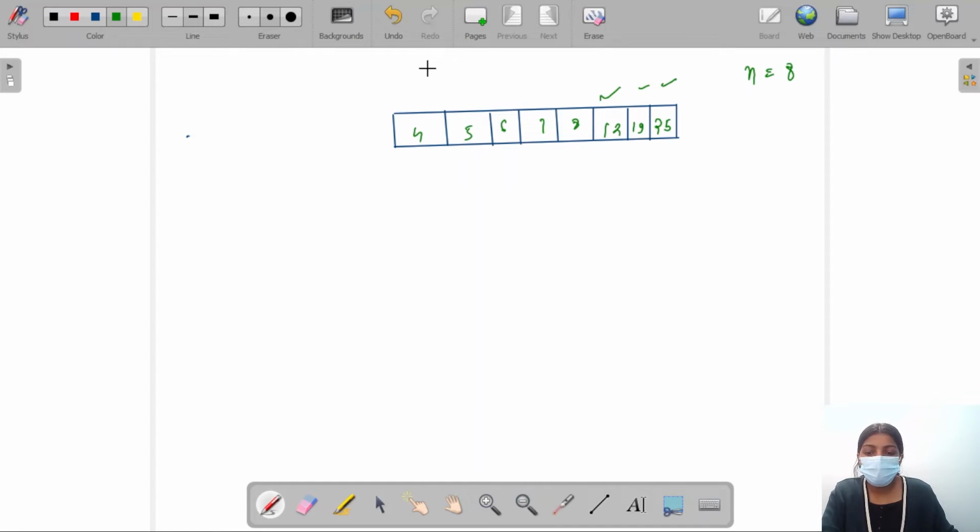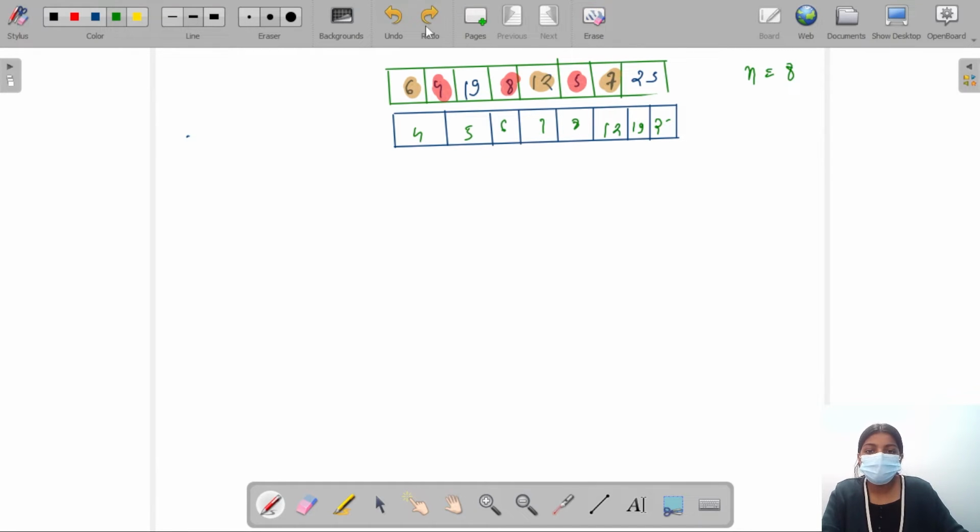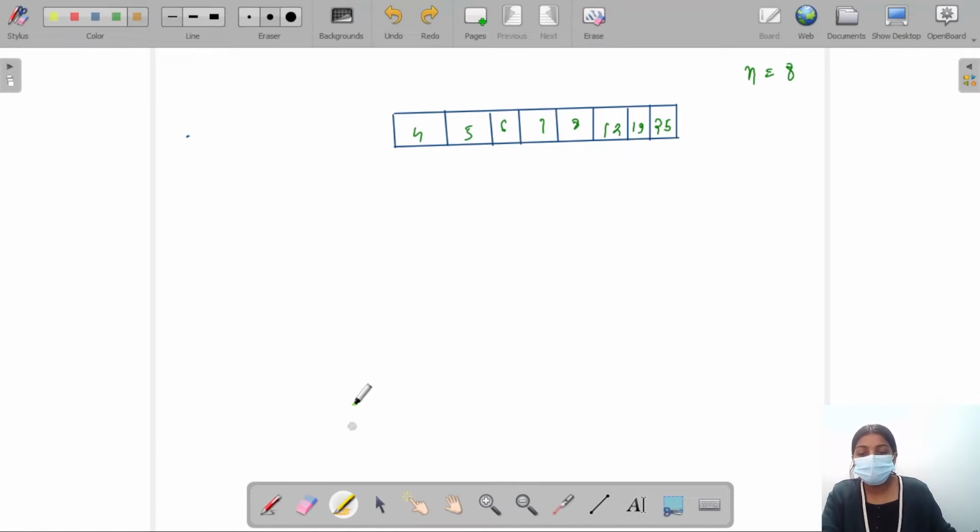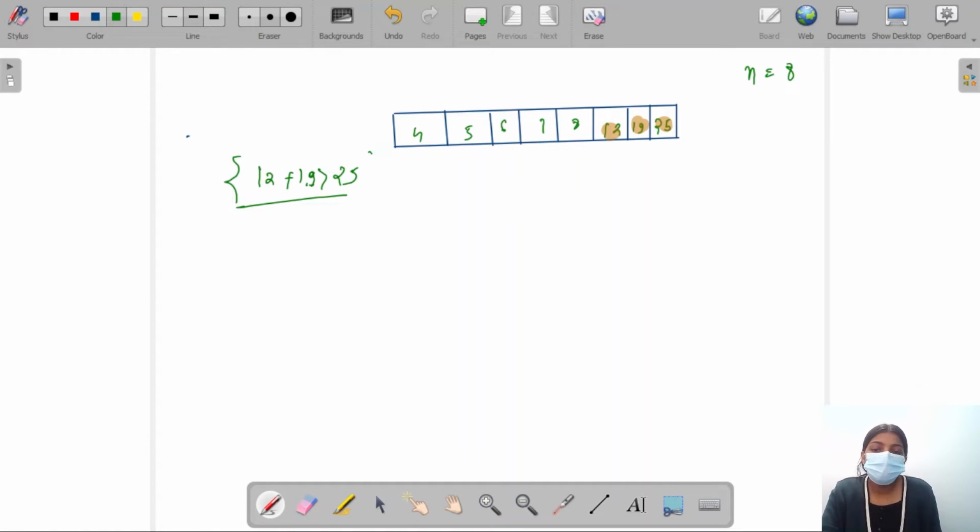I check if these three sides form a triangle or not. 12 plus 19 is greater than 25, right? So these three sides form a triangle, because the sum of the two smaller sides is greater than the larger side.